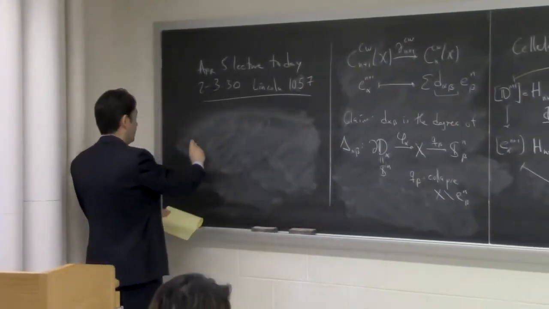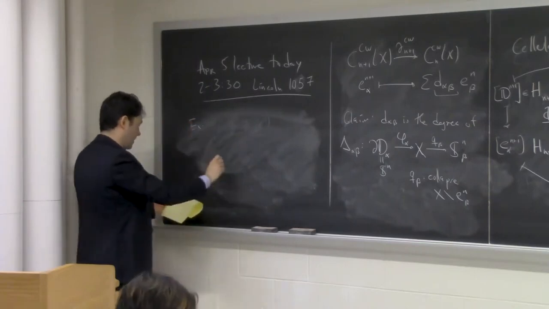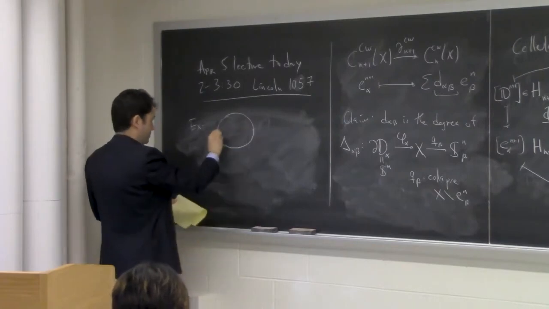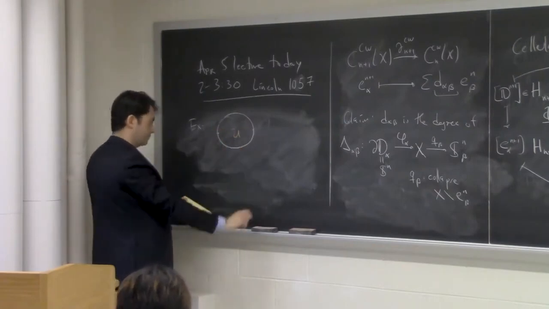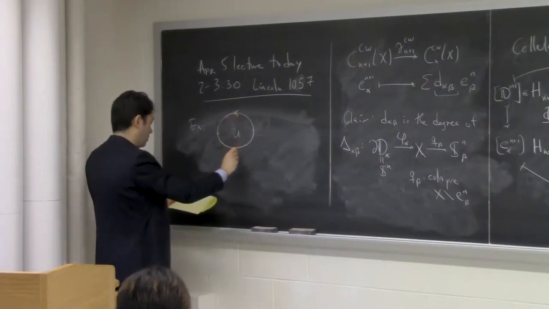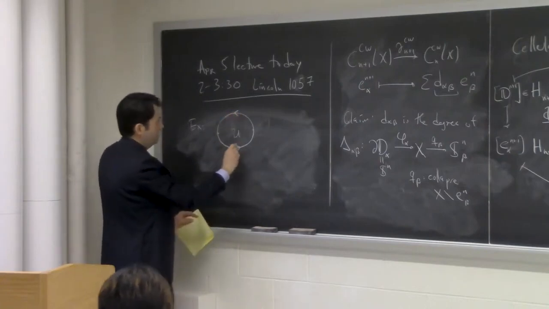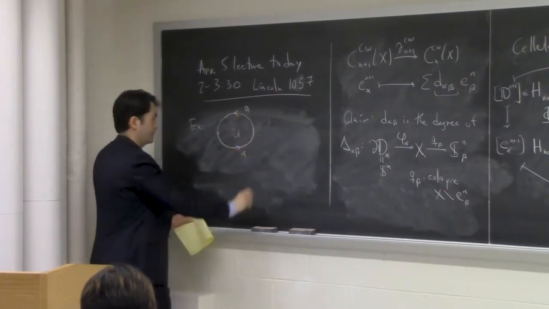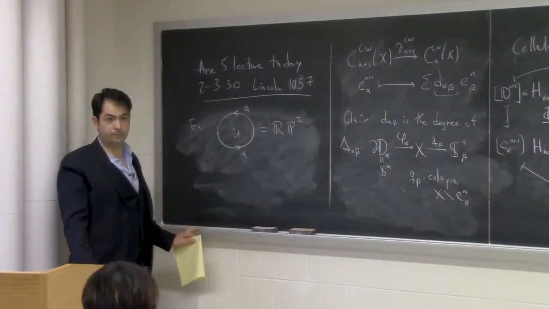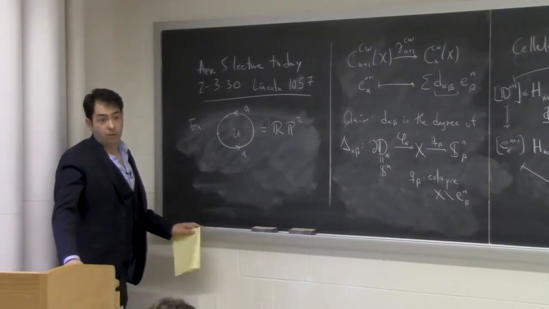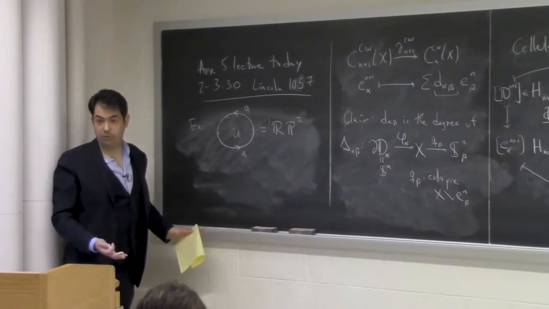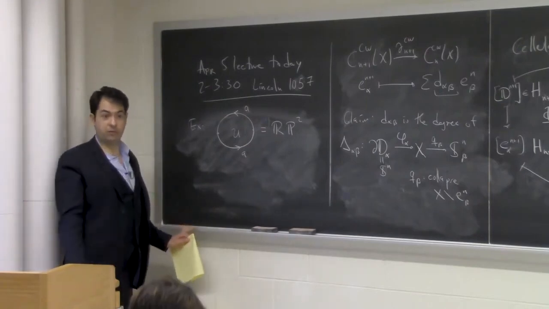Okay, so let's consider exactly something like that. Let's say you have RP2. So let's say that you have A and A. Right. So again, we don't need to subdivide or anything as we would for a delta complex structure. This is a perfectly nice cell complex.